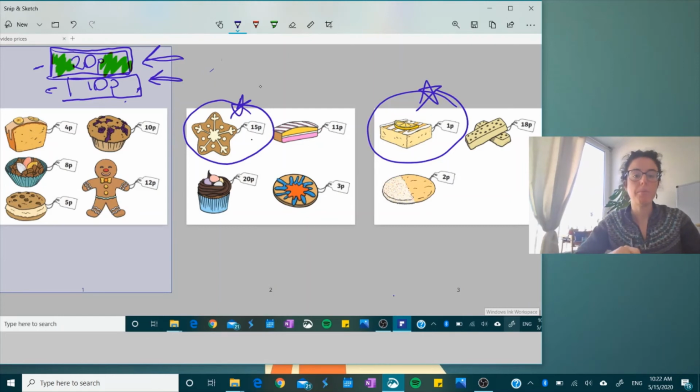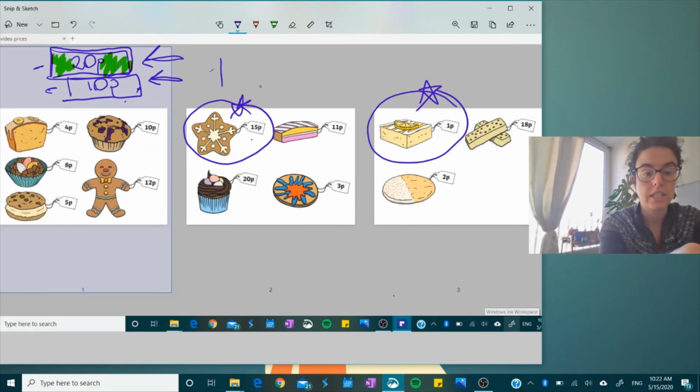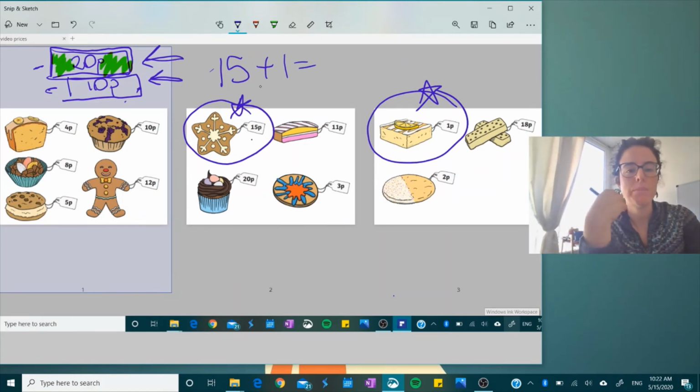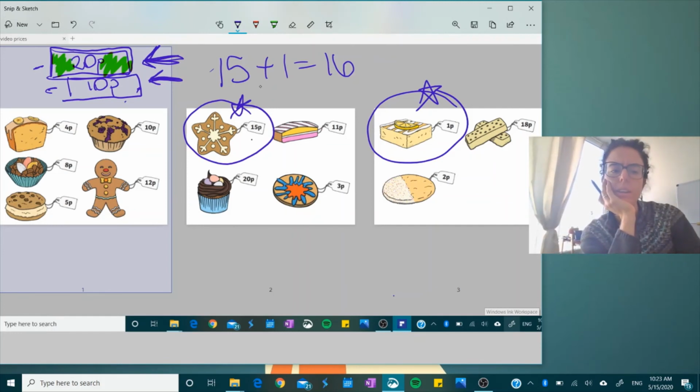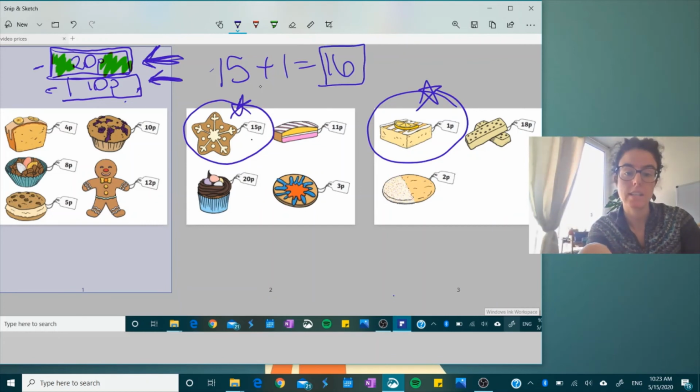All right, so step 1 was we have to add to find the total. So we need to add 15 plus 1. Oh, that's easy peasy. What's 15 plus 1? That's right, it's 16. Okay, step 2. Step 2 is to think, should Miss Gia pay with 10 or with 20? What do you think? Should I pay with 10? Because the total, remember, is 16. Should I pay with 10 or with 20?